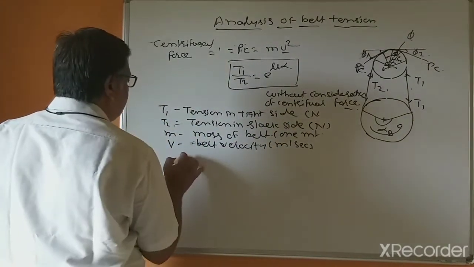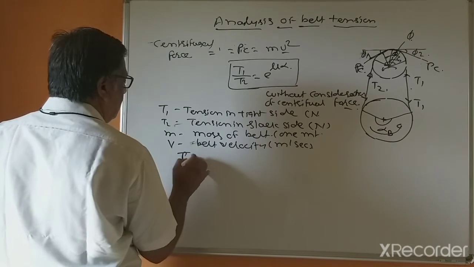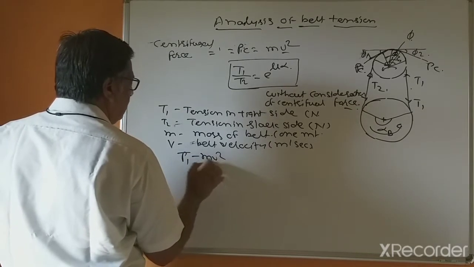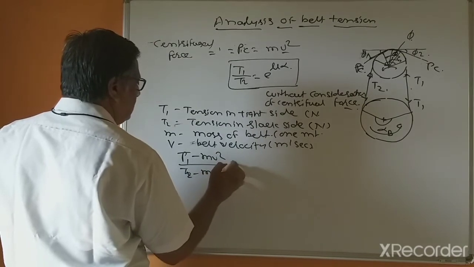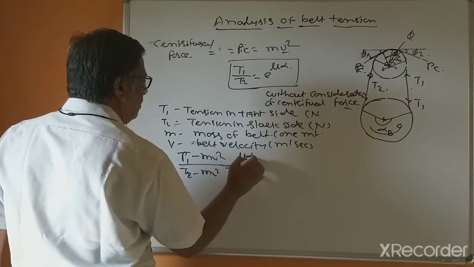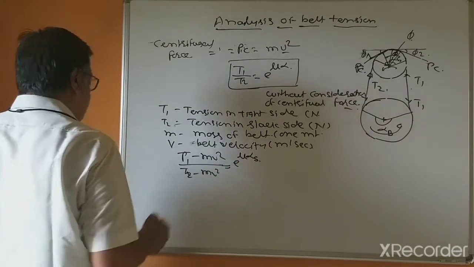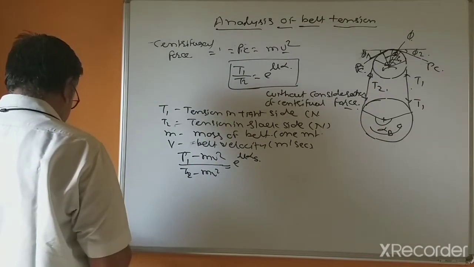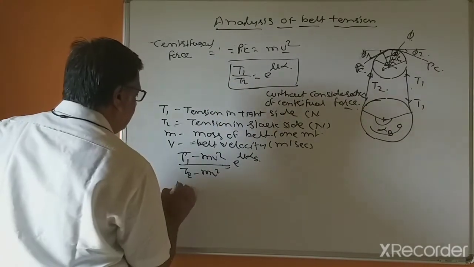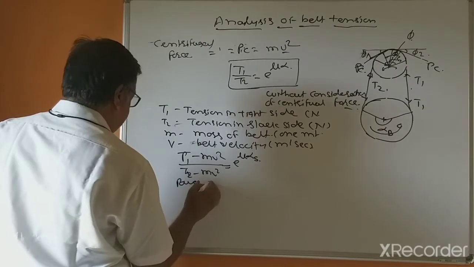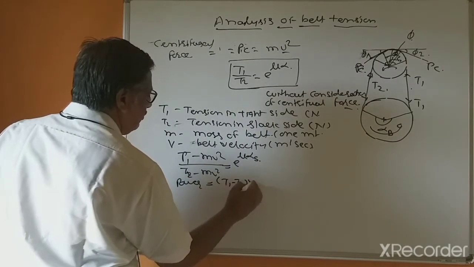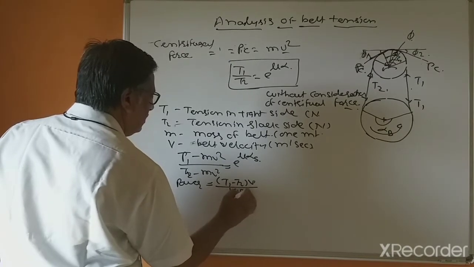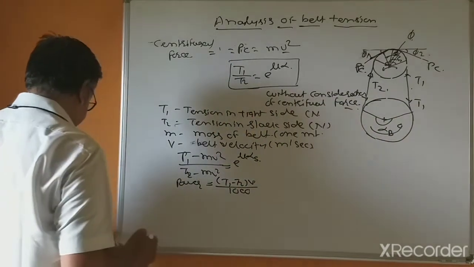So in this case, (T1 minus mv squared) divided by (T2 minus mv squared) equals e to the power mu alpha s. By using this formula we can calculate, and the power equals (T1 minus T2) into V divided by 1000.